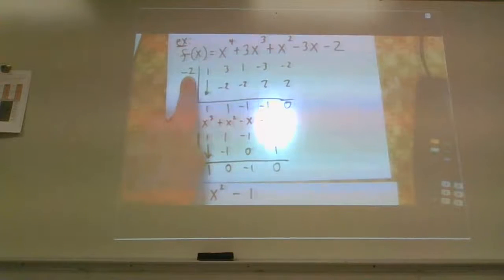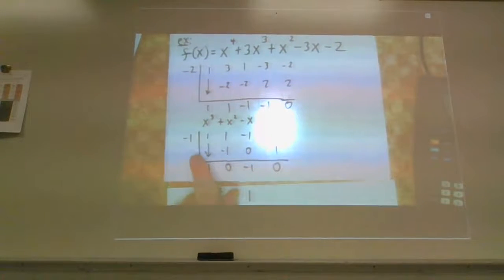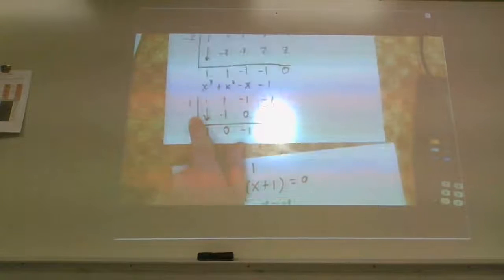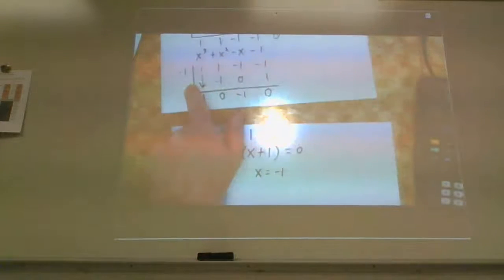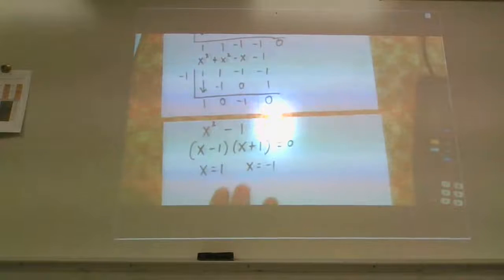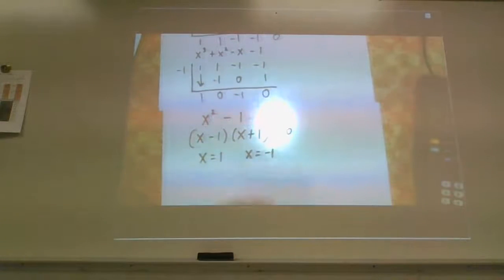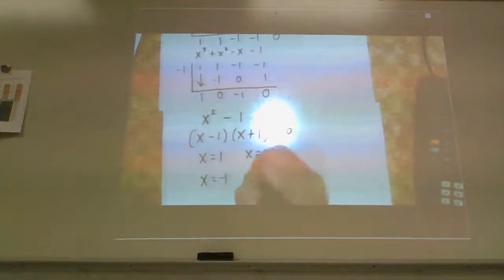Earlier, I proved that negative 2 was 0. Then, we proved that negative 1 was 0. Then, we proved that 1 and negative 1 are also zeros. Let me bring down the other zeros that I had earlier.